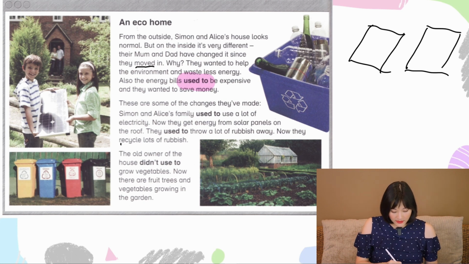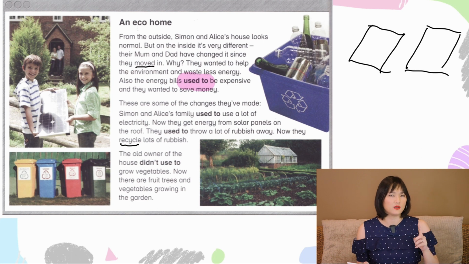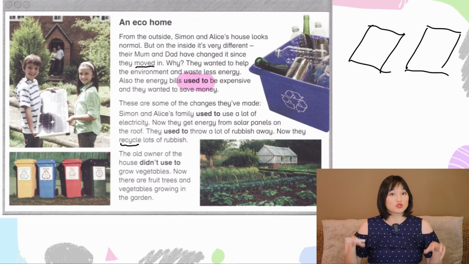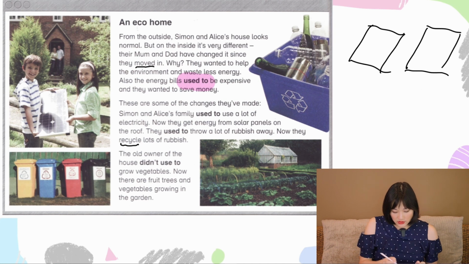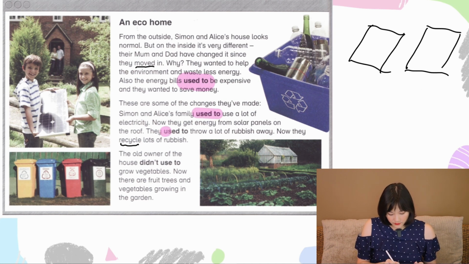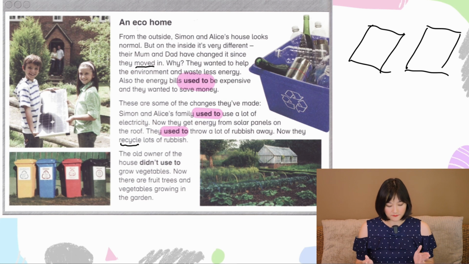Exactly. Now they recycle. You see the verb, it's at present. So they say the infinitive verb. It's the present simple. Okay? And you notice the words "used to." All right? And the third paragraph: "The old owner of the house didn't used to grow vegetables.